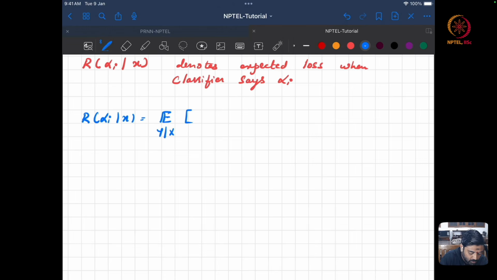Now this is the loss H of X, comma y, conditioned on the fact that I already know that for this given example my classifier is saying it is alpha I, conditioned on my input.